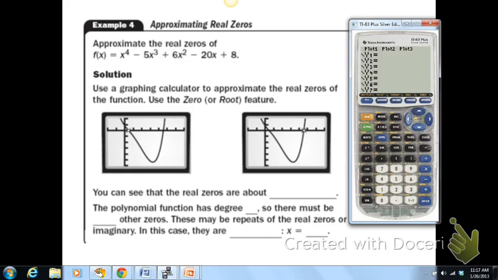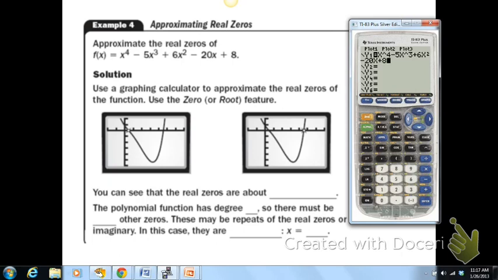So I go to y equals, and I'm going to type in my x raised to the fourth, and then minus 5x raised to the third. Then I'm going to do plus 6x squared minus 20x, and then do plus 8.